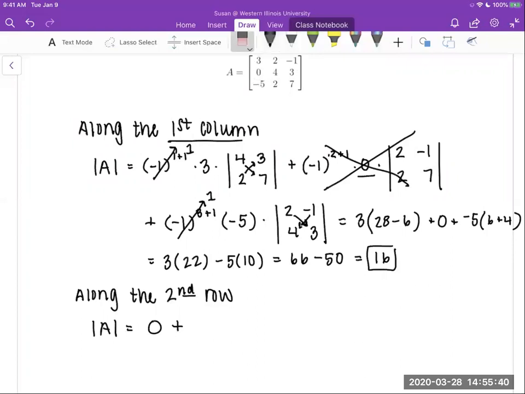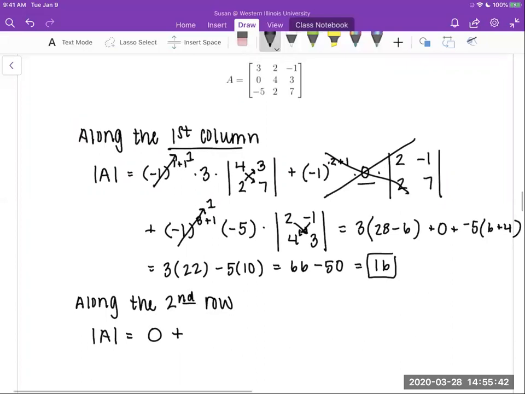So now we're going to move on to the second entry in this row, which is a 4. So where does this live? It is in the second row and second column. So we have a -1 to the 2 plus 2. Then we want to include that entry. And then we want to multiply by the determinant of its strike-through matrix, which is 3, -1, -5, 7.